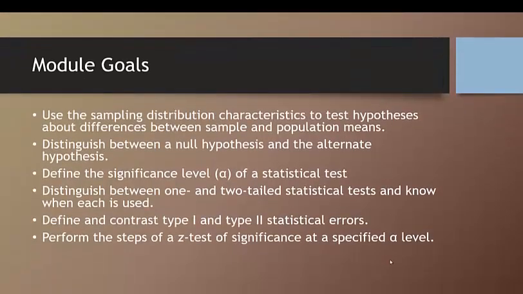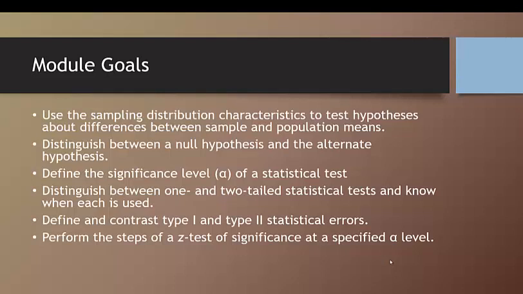So let's review what our goals were. We said we were going to use the sampling distribution characteristics to test hypotheses about differences between sample and population means. That's what we did with our national test scores on the math and the statistics students. Distinguish between a null hypothesis and the alternate hypothesis or alternative hypothesis.